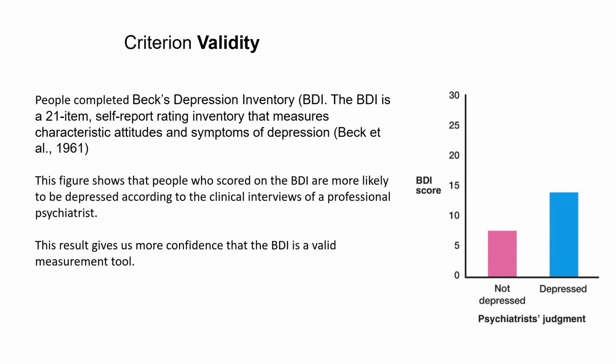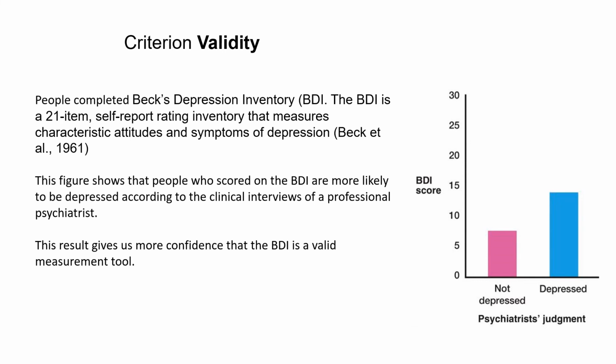Let's use another example of criterion validity. In this case, people completed Beck's Depression Inventory, which is a scale that's supposed to measure depression. It's a 21 item self-report rating inventory that measures characteristics, attitudes, and symptoms of depression.